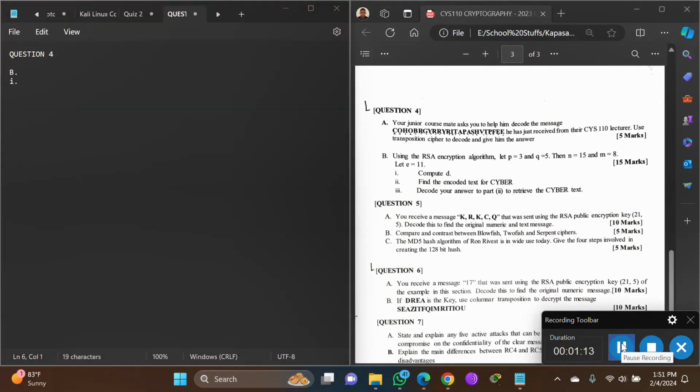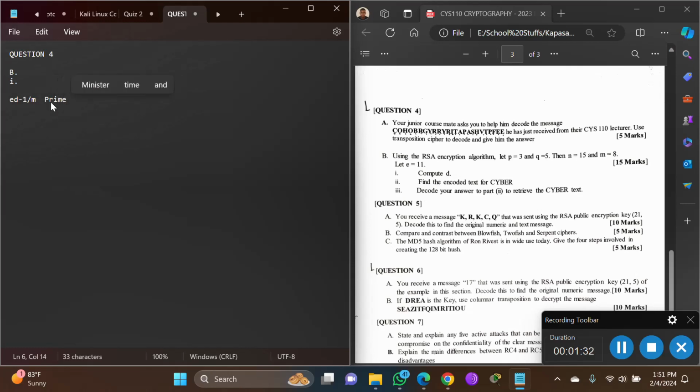For us to compute D, we know that the formula is ED minus 1 over M. But first we also need to list prime numbers which are less than N. In this case, our N is given as 15.